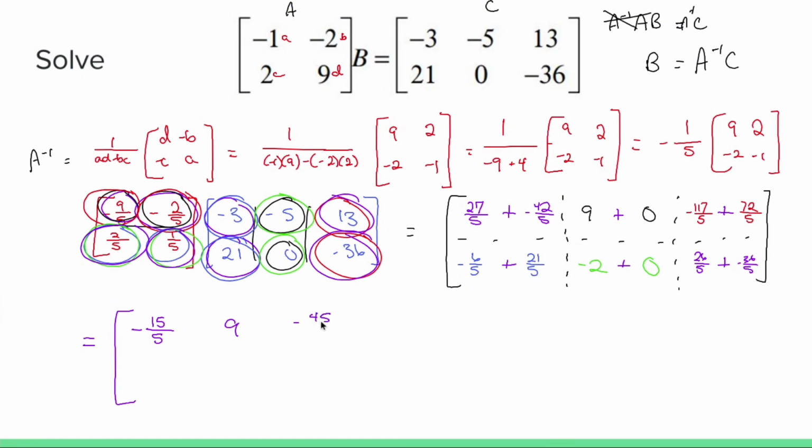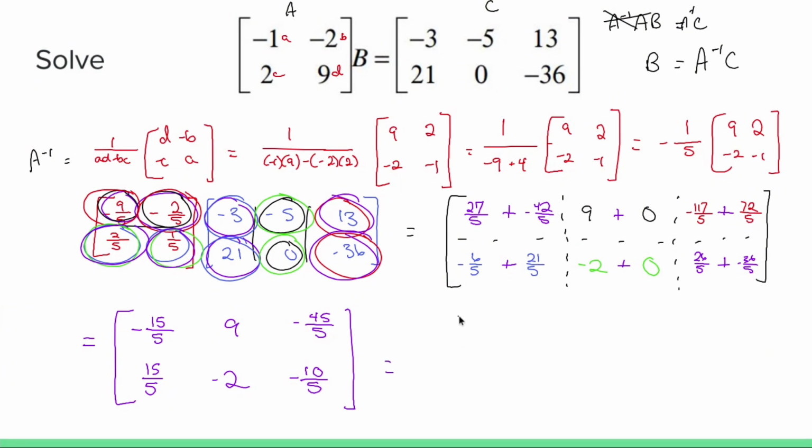That'll simplify nicely. Then negative 6 plus 21 is 15/5. Negative 2. And just making sure I did my math right. You never know. Oh, that's 26 minus 36, so negative 10/5. Why am I overthinking that?